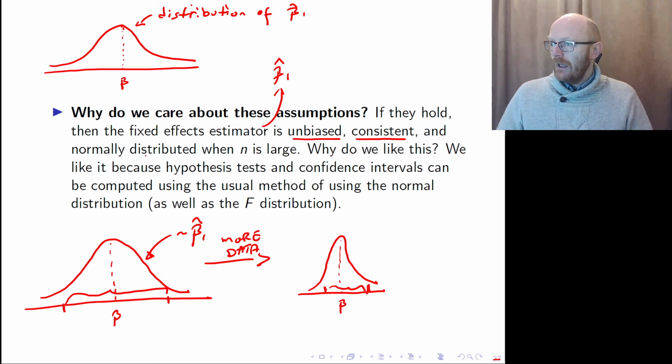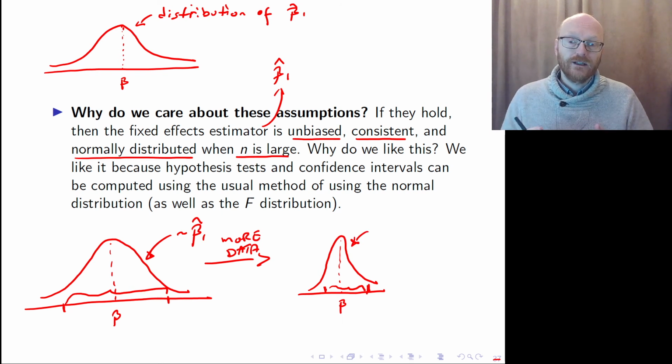And if these assumptions hold, then if n is large, this distribution is normally distributed. And why is that important?